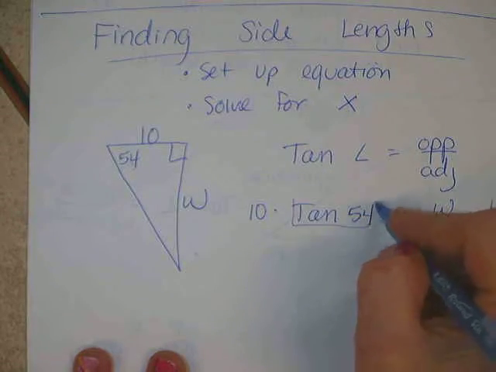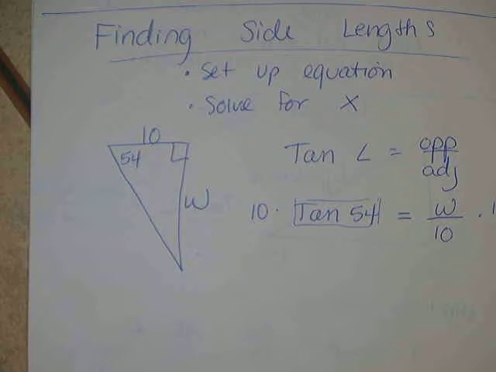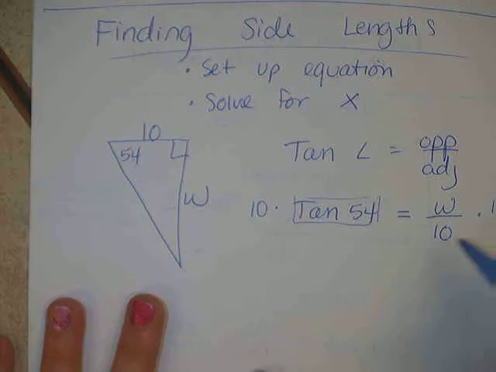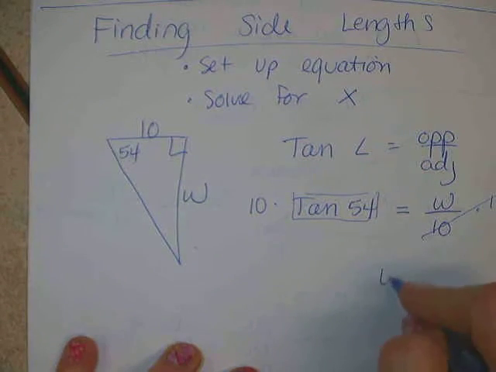You multiply both sides by 10. And the trick here is do not put the 10 with the 54, because we're not multiplying 54. We're multiplying the tangent of 54, okay? This is a number. You don't want to put the 10 into that number because you will change it, all right?